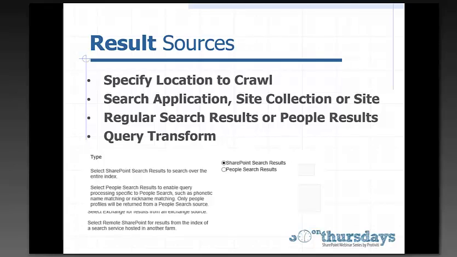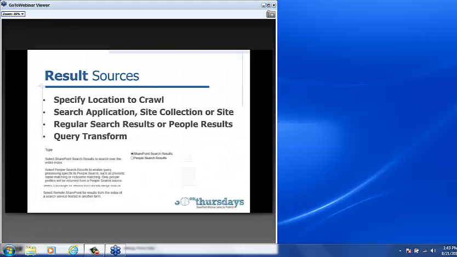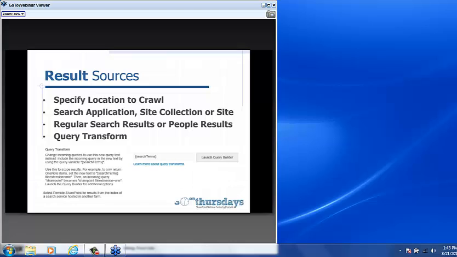Is it going to be SharePoint results or is it going to be people results? And there's some logic behind this, which allows us to determine which one's which, because then it allows us to use different fields that come back and they're predefined in the search results. And then I go to the Query Transform, and this is where we get this new Launch Query Builder process.